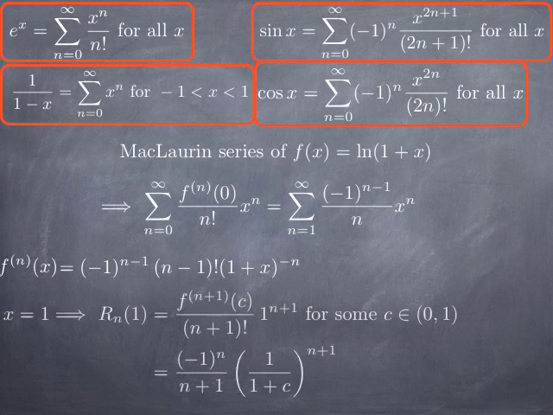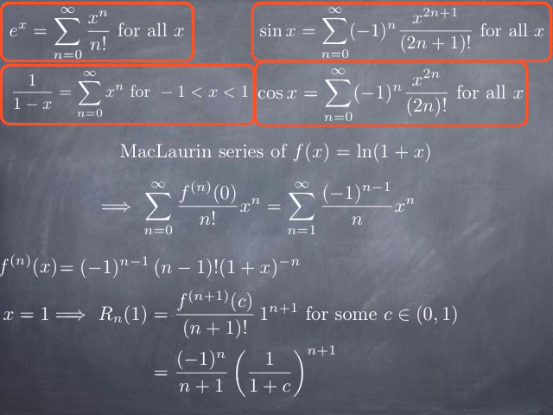That means that at x equal 1, if I look at the nth remainder at 1 using the Taylor-Lagrange theorem, it tells me that this remainder at 1 is the value of the (n+1)th derivative of f at some point c between 0 and 1, divided by (n+1) factorial, multiplied by x to the n plus 1 in absolute value, but x is 1.